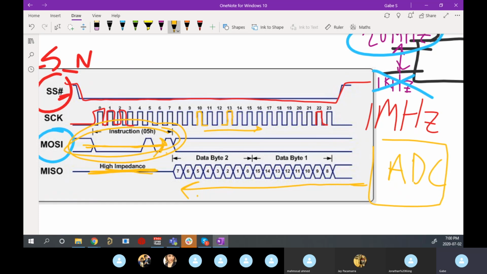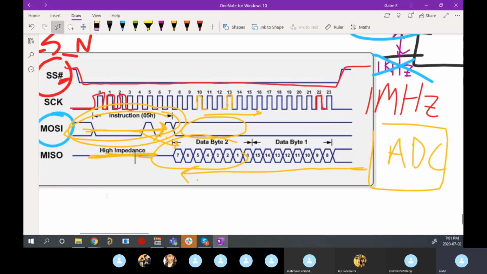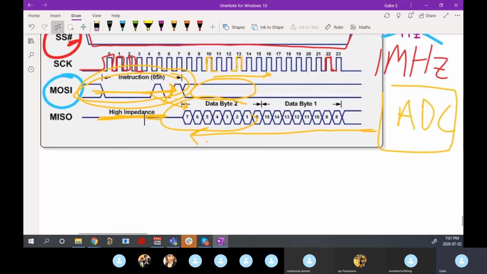And then the next time I ask for data, it will have sent what I asked for previously. It can't give me what I want immediately because it's still receiving that data as I'm sending it. So it's important to understand that the master in SPI controls all transactions. The slave can't decide to send data whenever it wants.